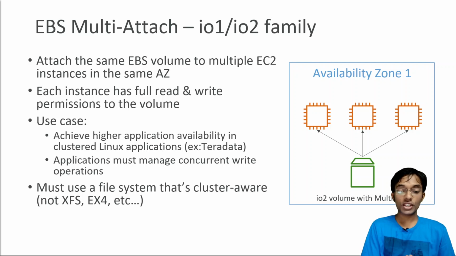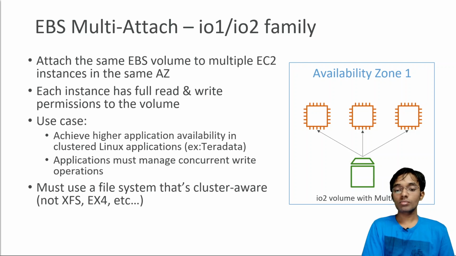So it's only for a specific kind of application. For example, ones that need higher application availability, like Teradata, which has native support for this feature, or applications that must manage concurrent write operations for this very specific use case.